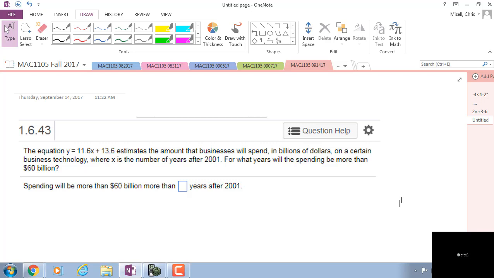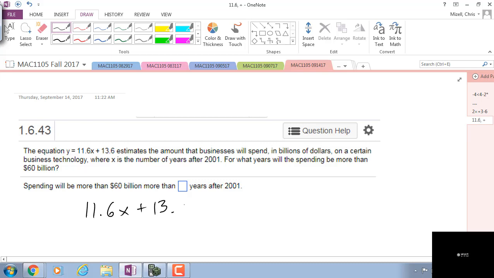What inequality symbol do we need to indicate when this quantity has a value that is more than $60 billion? Greater than. Seems to me we want y, or 11.6x plus 13.6, to be greater than 60, because this is given in billions of dollars.